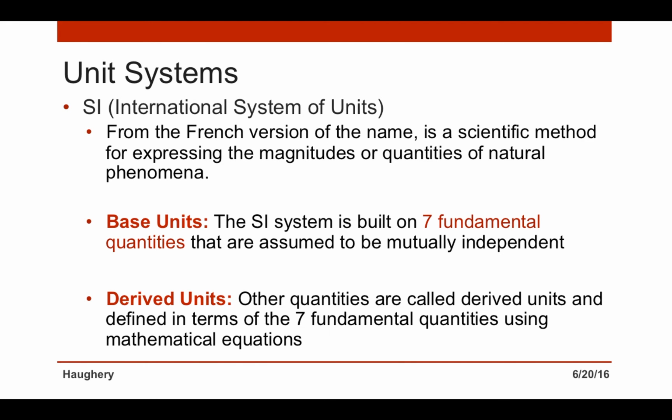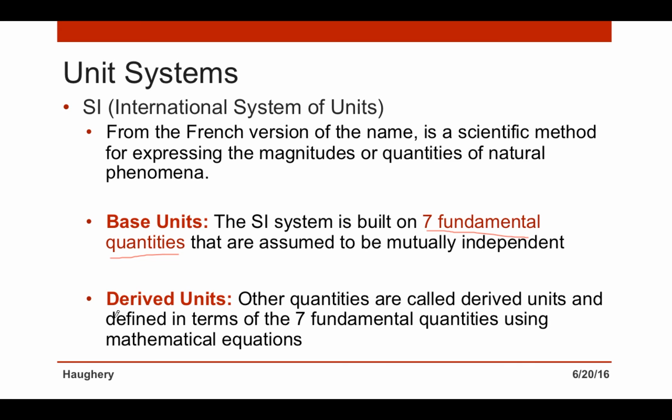Another system is the SI, or the International System of Units. This comes from a French naming of unit systems, and it is used all across science and technology. It can be boiled down to 7 fundamental units, or quantities. So there are 7 base units, and everything else is built on top of these 7.